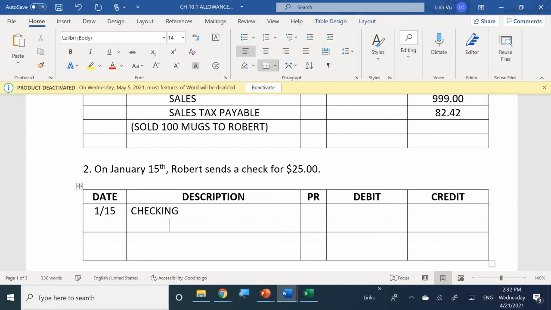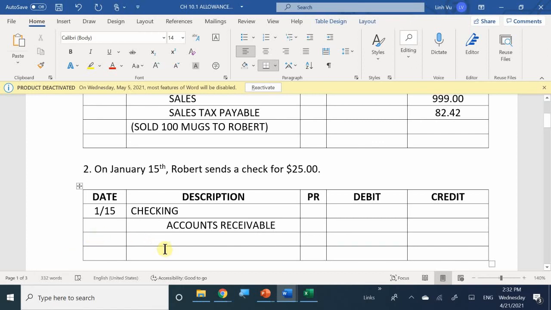It's going to go directly to our checking account because we got to deposit the check. Okay? And what else? Accounts receivable. Right, because we're reducing the amount that he owes us because he's making a payment based on what he owes me.